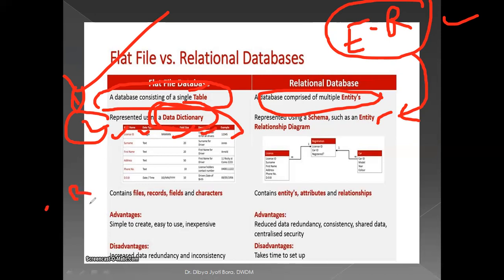Third, in the case of flat file database, we have files, records, fields, characters. But in relational database we use terms like entities to represent the real world. Like a student becomes an entity, right? A faculty becomes one entity because it has some properties. Students have properties like student ID, student name, email ID, address, and marks information.